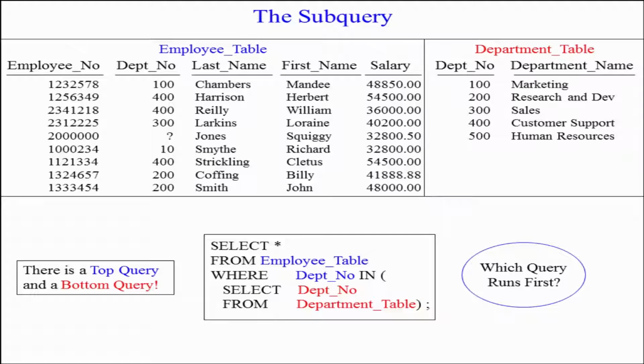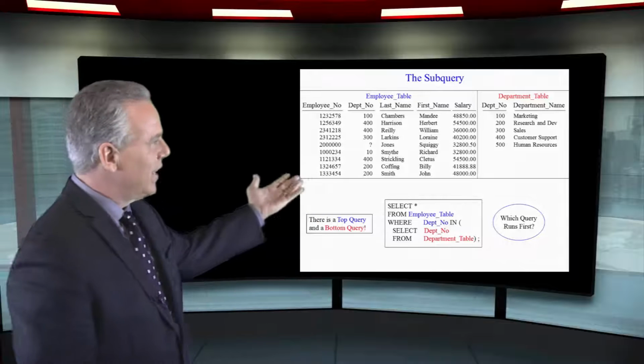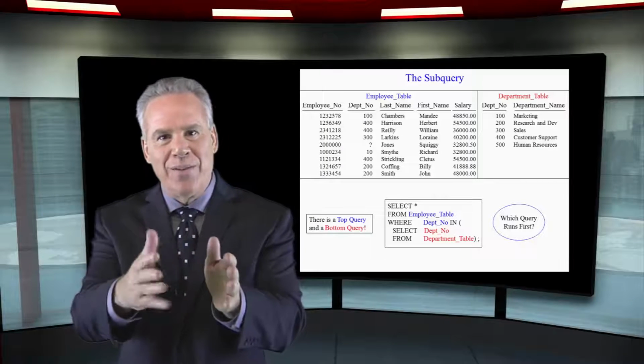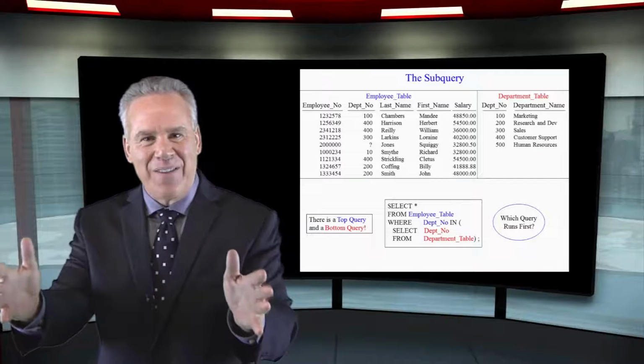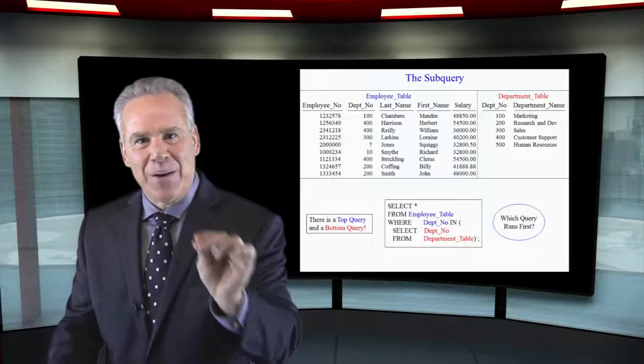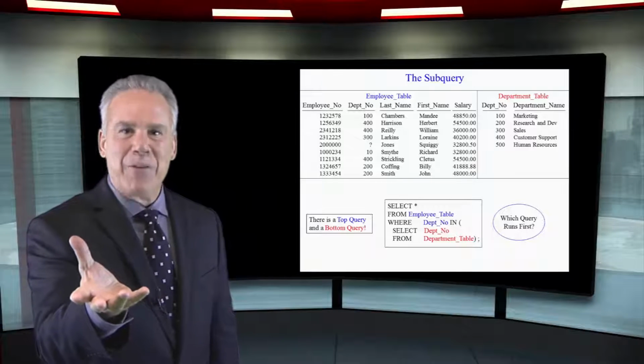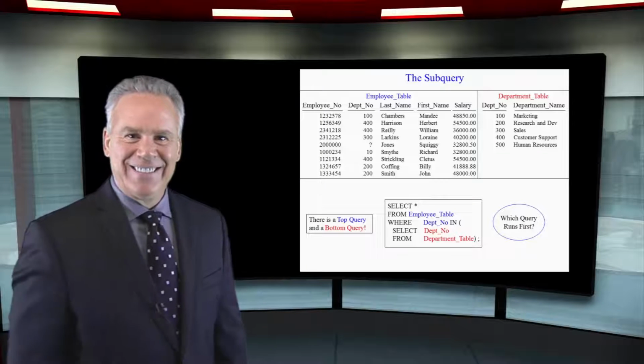The bottom query runs first and it says select the department number from the department table, and all of the distinct department numbers come up in the list, and then the top query runs. And it's going to be select everything from employee where the department number is in 100, 200, 300, 400, 500. That's how a subquery works. It basically builds that list by running another query.